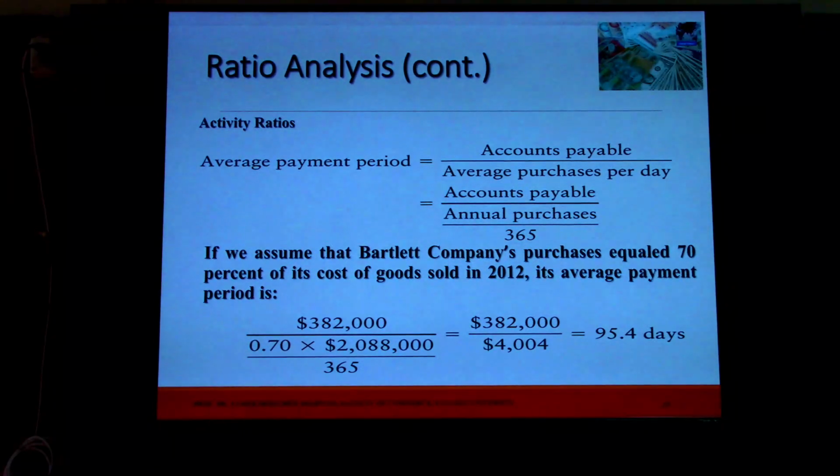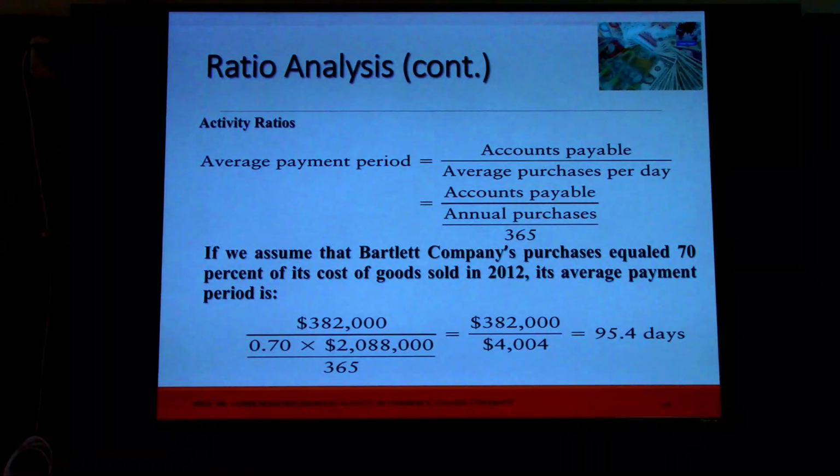Accounts payable from the balance sheet, divided by average purchases per day, which equals annual purchases divided by 365. So in the exercise, they should give you the value of the annual purchases.